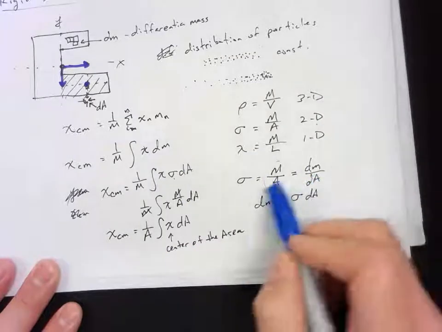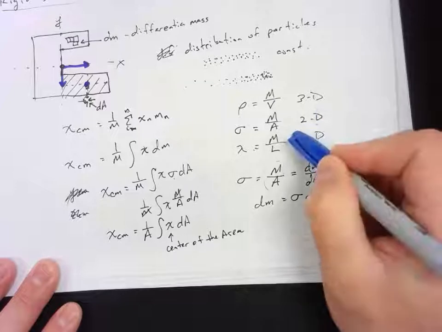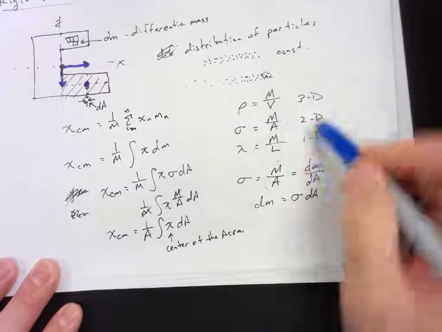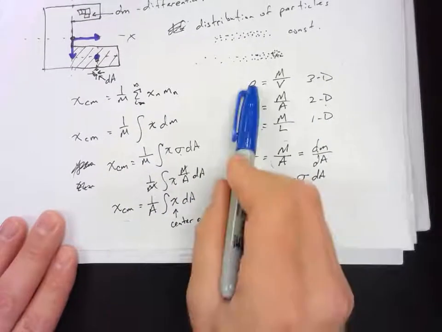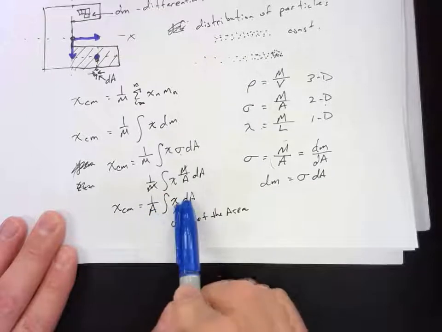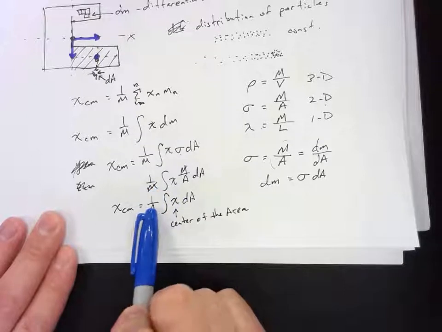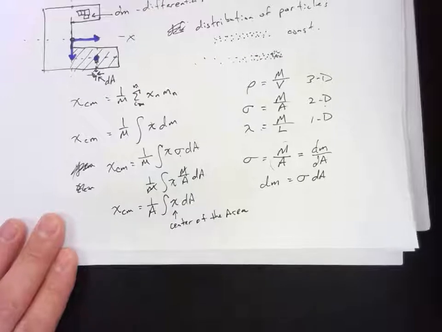If sigma is dm over dA, this is equal to dm over dl, this is equal to dm over dV. So you can do the same exact substitutions: if we did three-dimensional, 1 over V integral of x dV. If we had a linear object, 1 over L, the total length of the object, integral of x dl, the little segments of length.